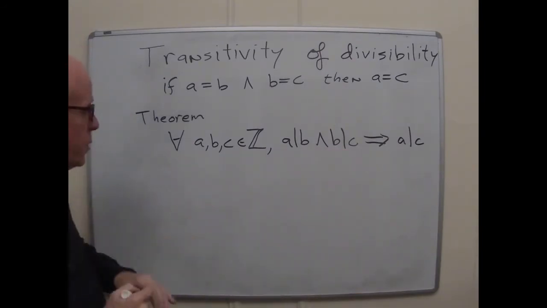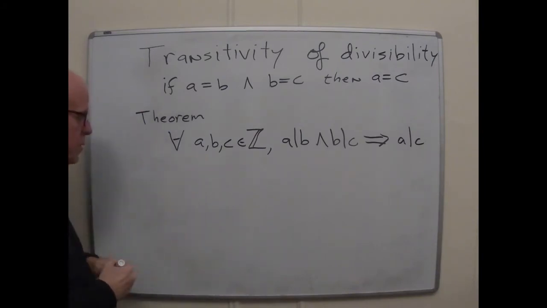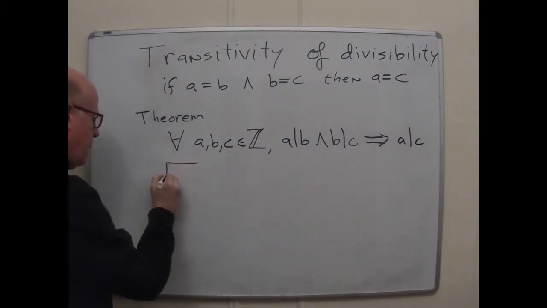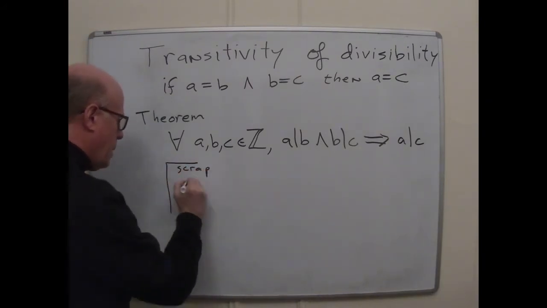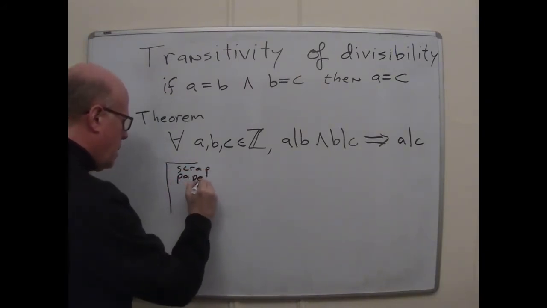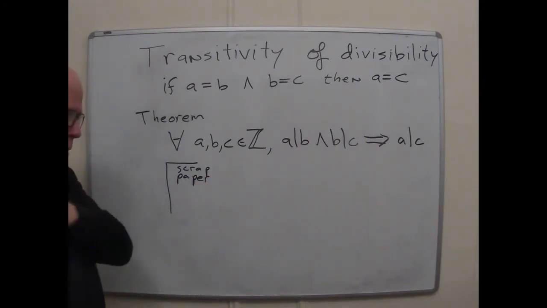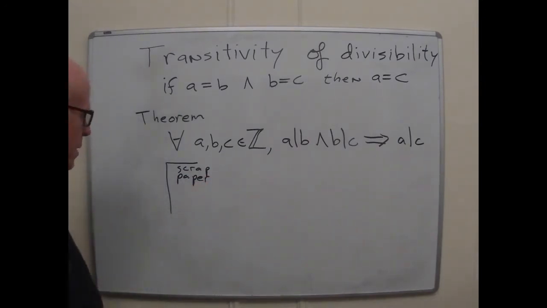This is not part of the proof, so I just erased the word proof here. This is just scrap work. Think of this as scrap paper. Please don't turn in anything to me with examples written on it. That's just not okay for proofs.